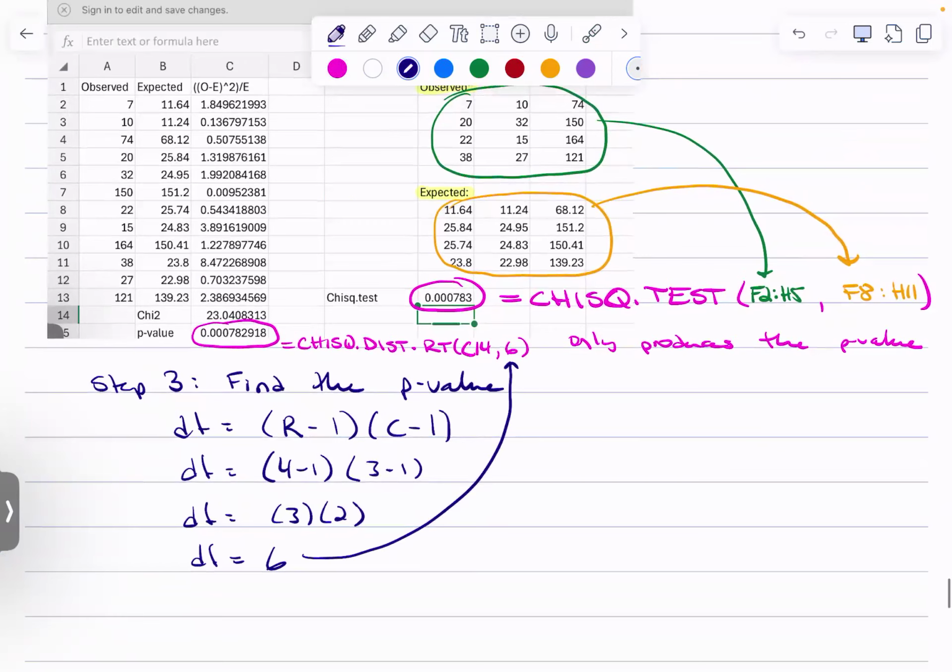Notice that the chi-squared dot test was able, for some reason, to find the degrees of freedom in the background, not the expected counts. It's weird.